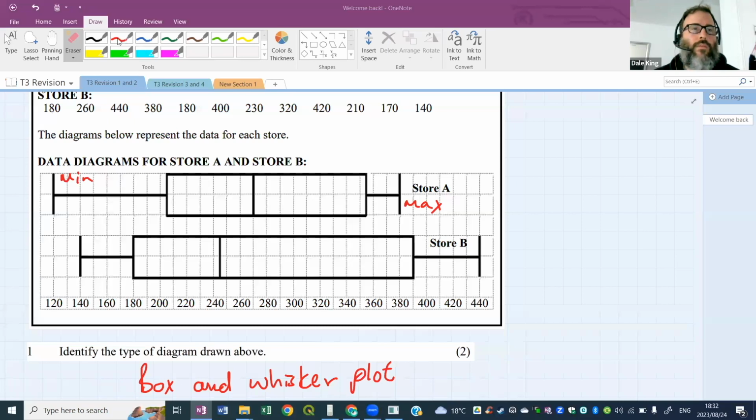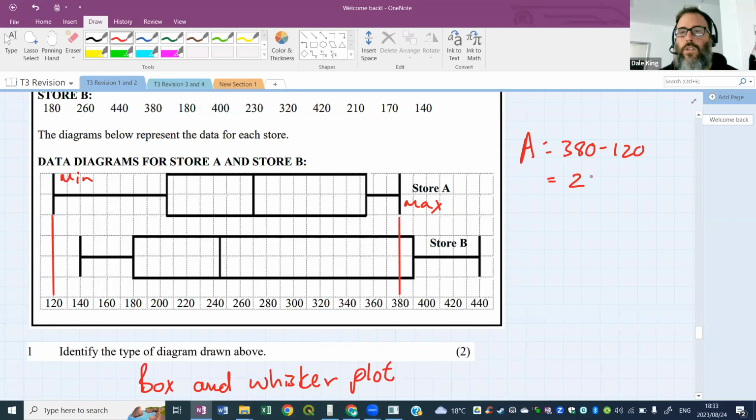All right. Let's not dilly-dally. Let's just quickly get it done here. I'm going to draw it right into the diagram. So in store A, we find the minimum, which is 120 and the maximum, 380. We have the maximum of 380 minus the minimum of 120. We're determining the range. This gives us, if I'm not mistaken, you guys can check, 260.